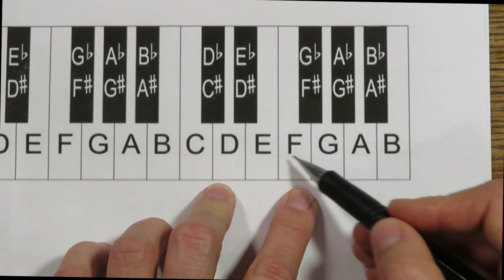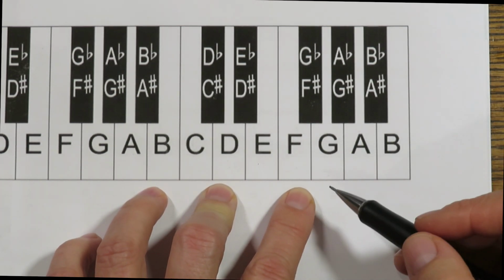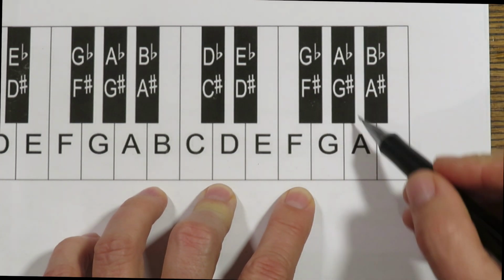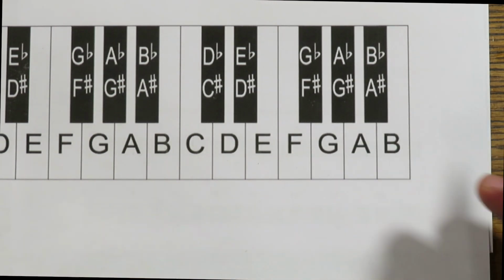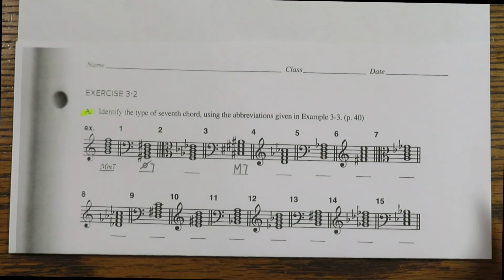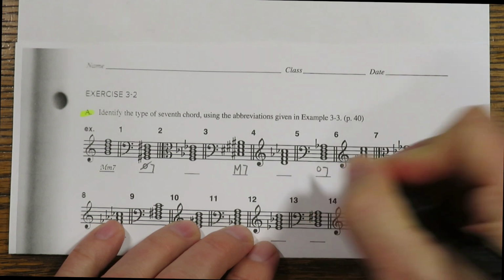D to F, 1, 2, 3 half steps. Good, so we have a minor triad. F, 1, 2, 3 half steps to A flat. So it's all minor thirds. And we have the fully diminished 7. Okay.